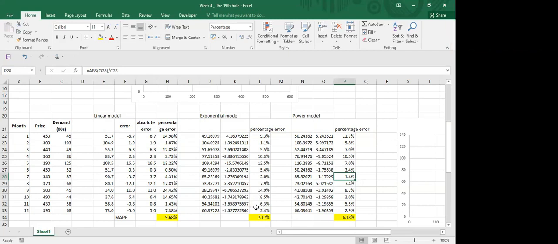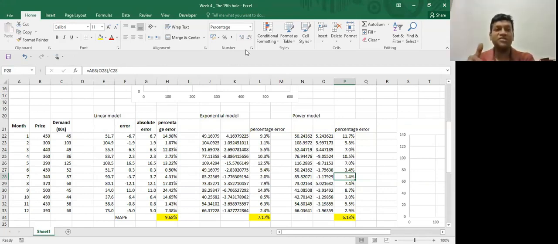But that would depend on whether the question asks for the percentage error overall or on a monthly basis. That's the reason we're doing the average. We try to optimize, find the average and find the minimum.